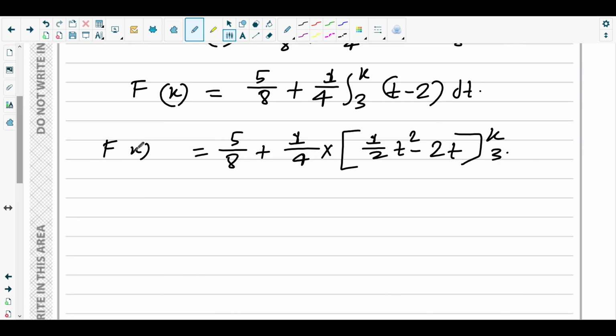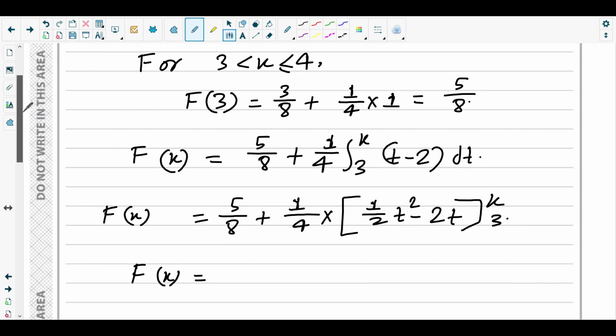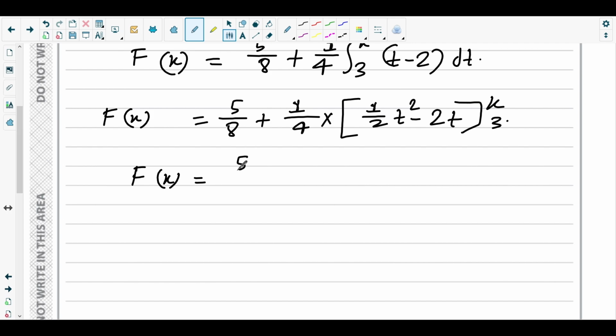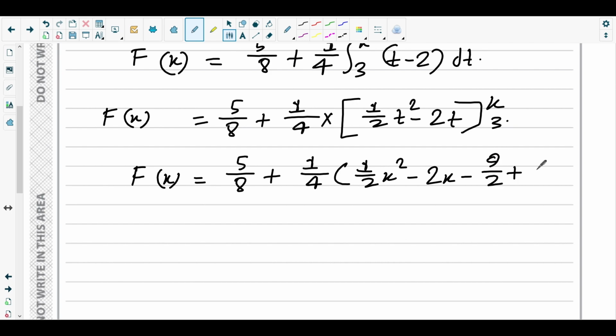So f of x for the interval x greater than 3, less than or equal to 4, you will get 5 over 8 plus 1 over 4 times half of x squared minus twice of x, minus 9 over 2 plus 3 times 2, which is 6.